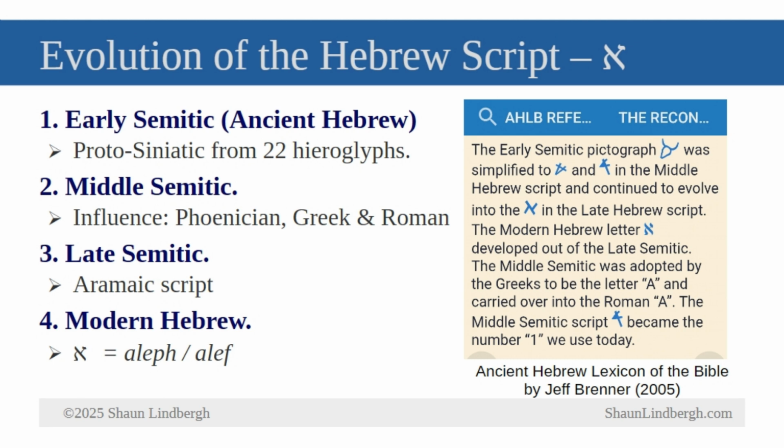It then evolved further into Late Semitic or Aramaic script, which then became modern Hebrew. And so the early Semitic of Aleph is an ox head. This then evolved into that upside down A, which became the Greek and Roman A as we know it today. It then evolved into Aramaic script, and then it became the modern Hebrew letter Aleph.